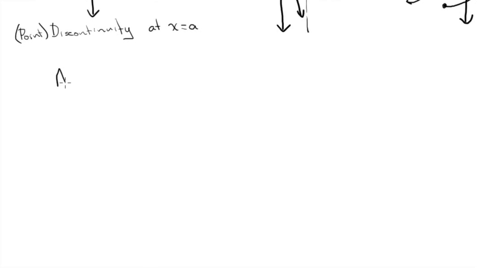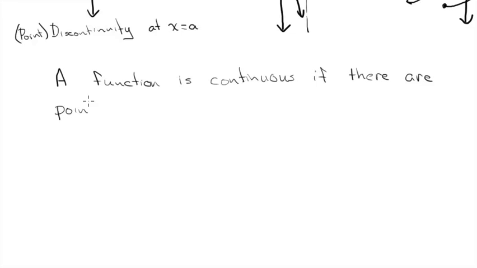A function is continuous, and this will seem like a fairly obvious definition, if there are no points of discontinuity over its domain.